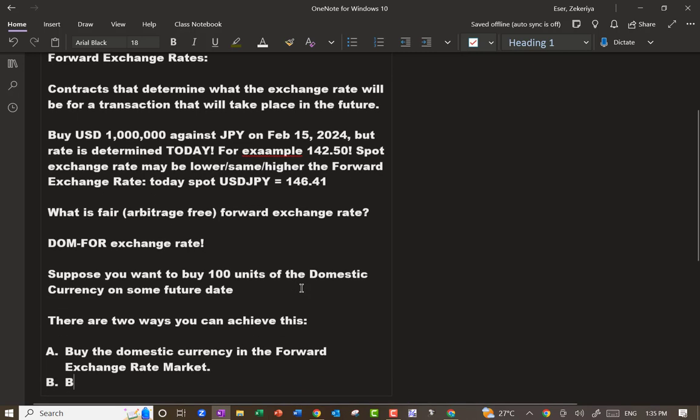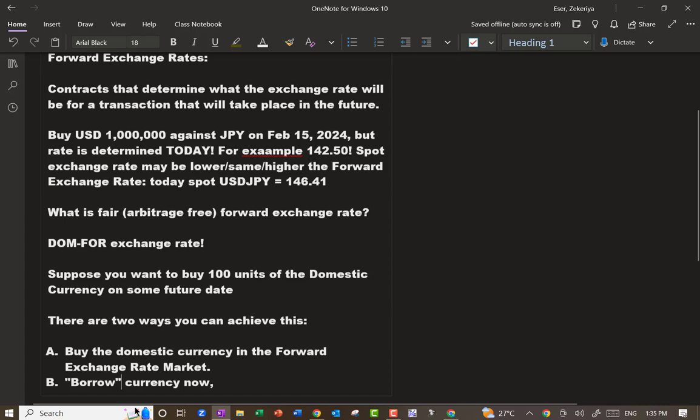And B, borrow foreign currency now. And I'm going to put this borrow in quotation marks.